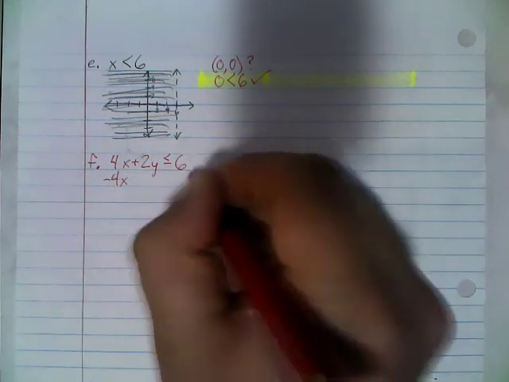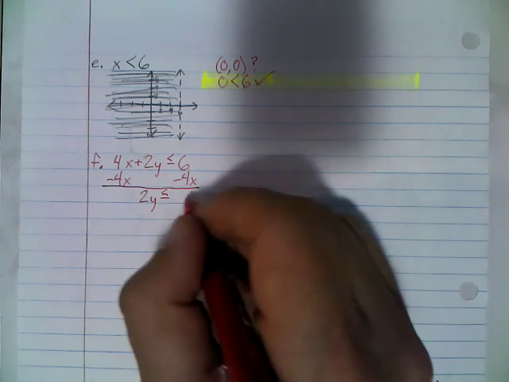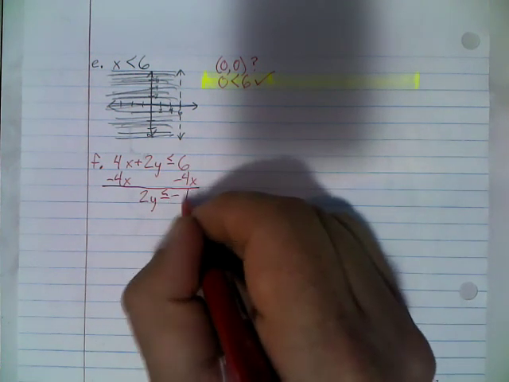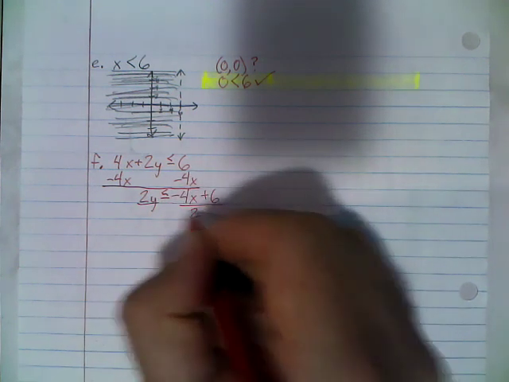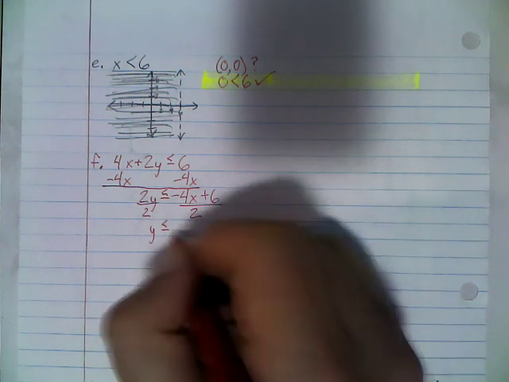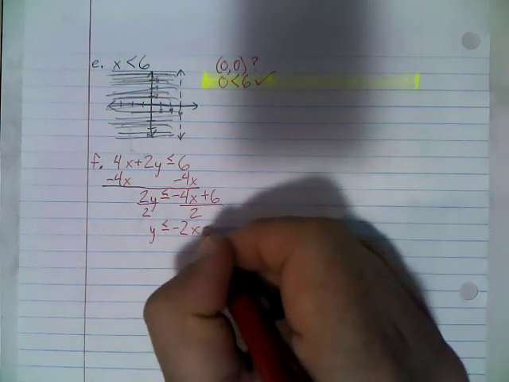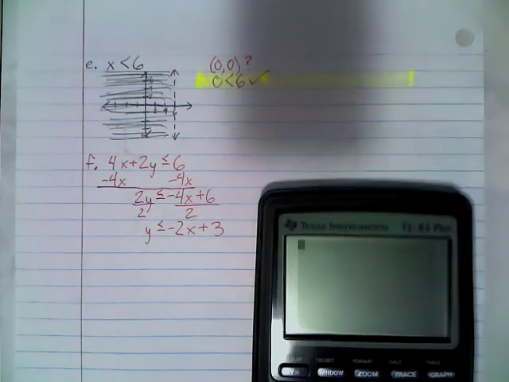So we'd subtract 4x on both sides. Subtraction does not change the inequality, so it'll still be a less than or equal to. And then over here, that'd be a negative 4x plus 6. And then divide both sides by 2. And therefore y is less than or equal to, and this distributes to both of those, so negative 2x plus 3. So that's what I'm going to graph on my calculator.